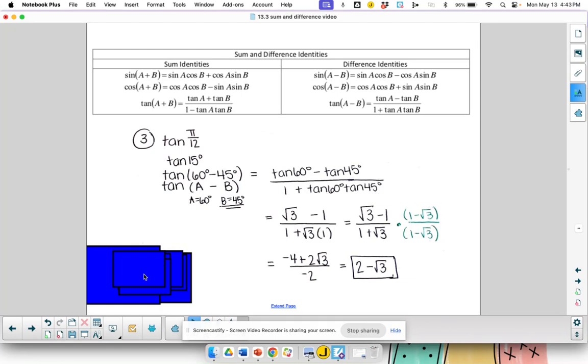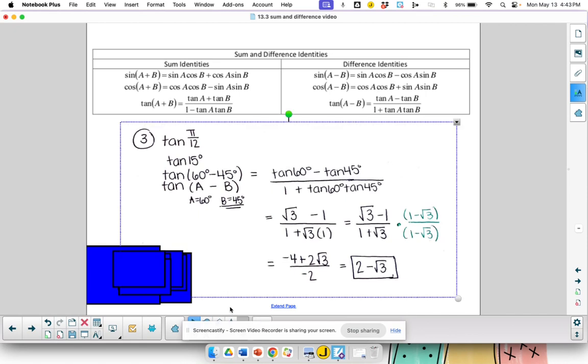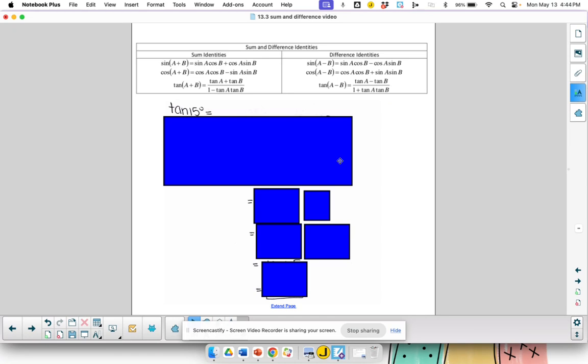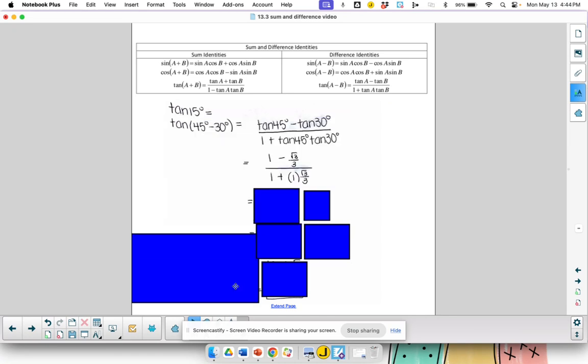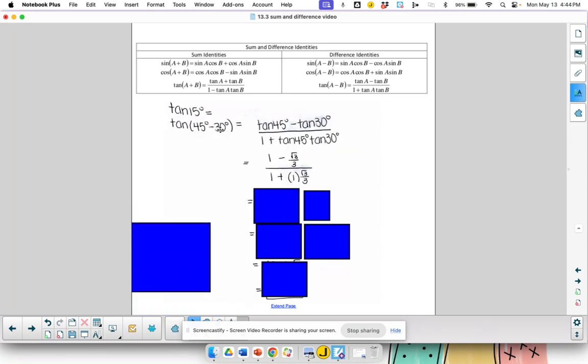Now, I want to show you this problem again quickly, but this time I'll show you what it looks like if you chose a 30-degree angle instead of 60 and 45, just to show you how it's a little bit more challenging. So if I had chosen to use 45 minus 30, perfectly fine.